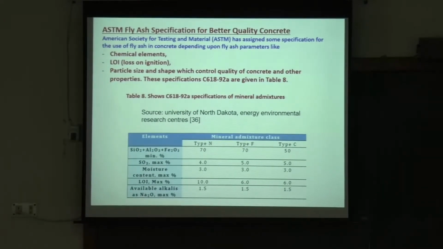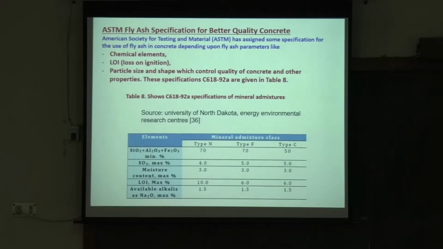So if you have type N, it is not the fly ash, it is the normal pozzolan. Type N, type F, and type C. These three combined are about 70%. Then moisture is about the same.